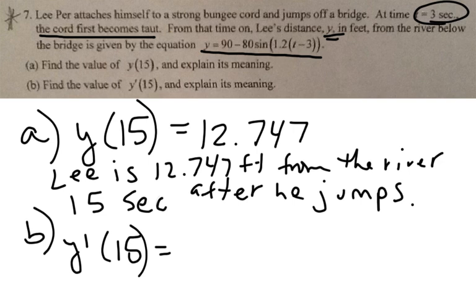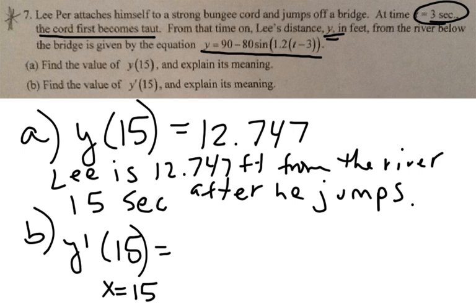And you're going to hit graph. You're going to want to make sure that your window is set up so that it includes x equals 15. So it needs to go at least to an x max of 15. You could go all the way out to 20 if you wanted to. But it has to be included on the screen.